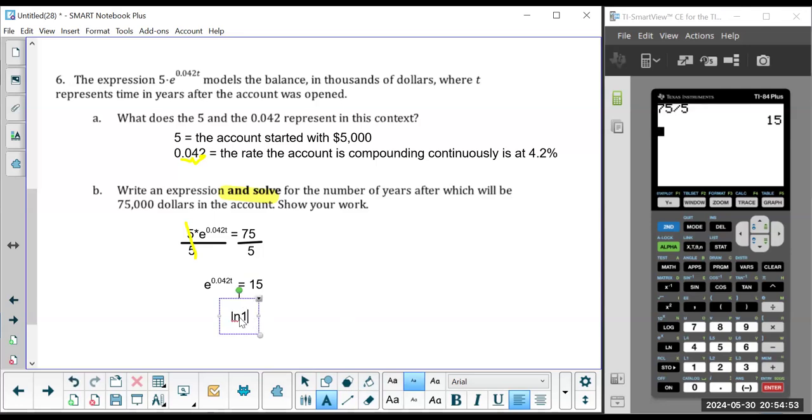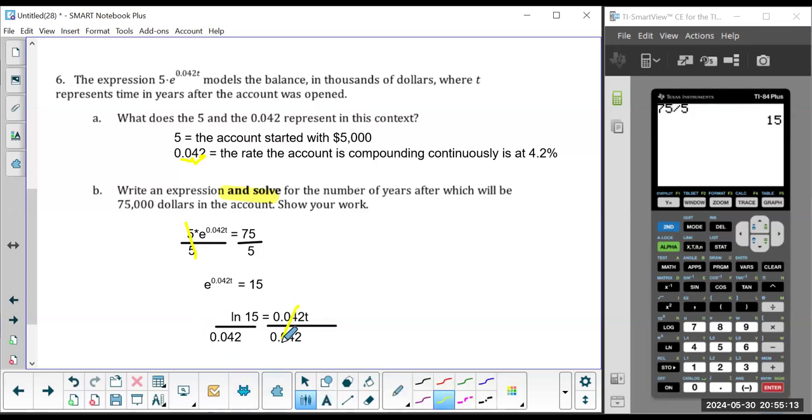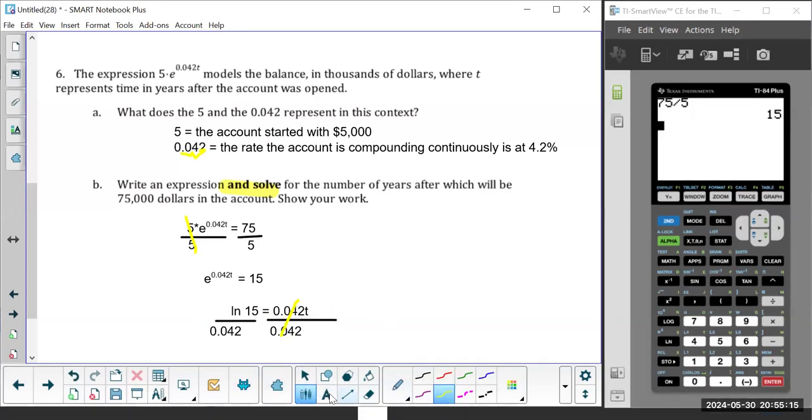So it's ln 15 equals our exponent, which is 0.042 T. And then the last step is we need to divide by that 0.042 on both sides, so that way they will get crossed off. If you do it to one side, you gotta do it to the other side. So this will cross off, and I will just have T left over.